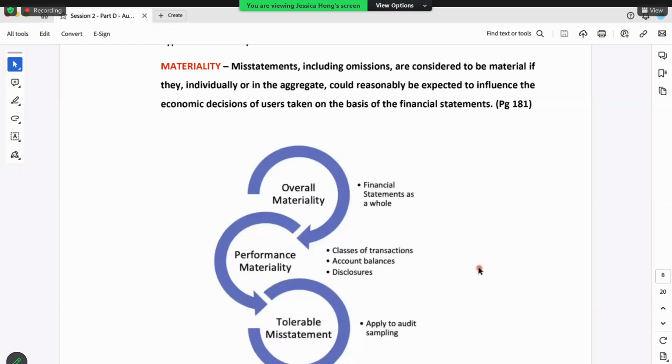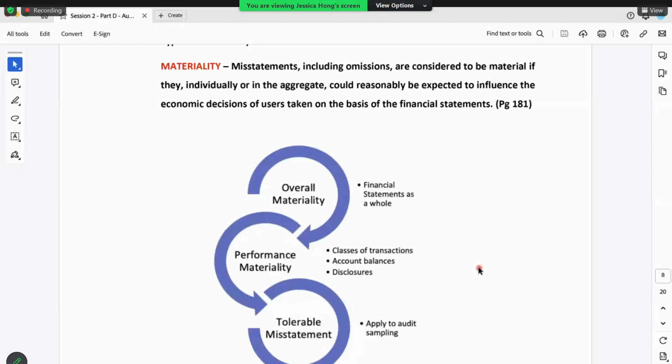And this amount is material. Some are individual, some are aggregate. If the aggregate exceeds the overall materiality that we set, it has an impact on how we should form an overall audit opinion on the financial statement as a whole.